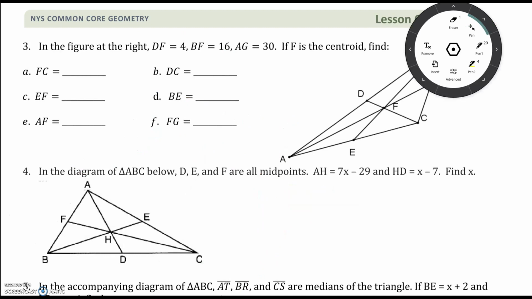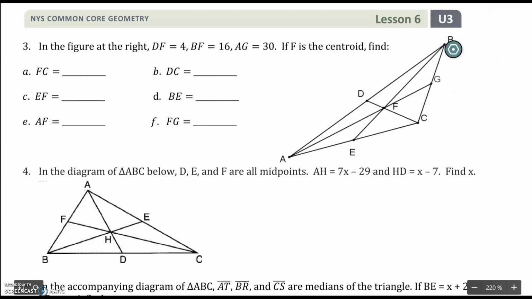As I said before, when we go on to example 3, our centroid has special properties. What we know is that the centroid is going to divide each median into a 2-to-1 ratio. The larger part is always by the angle, and the smaller part is always by the midpoint.